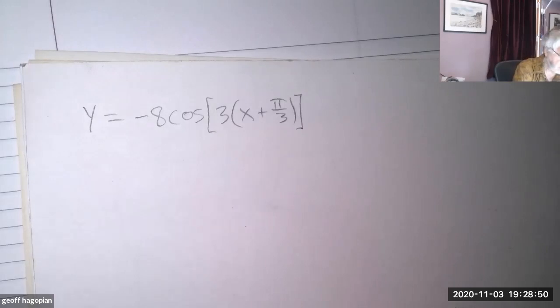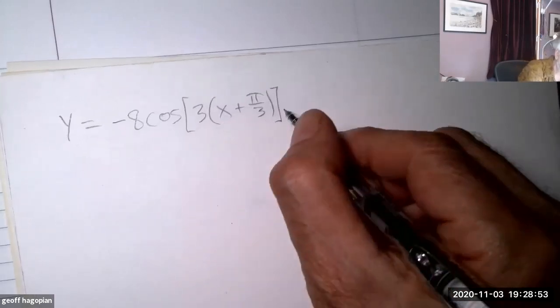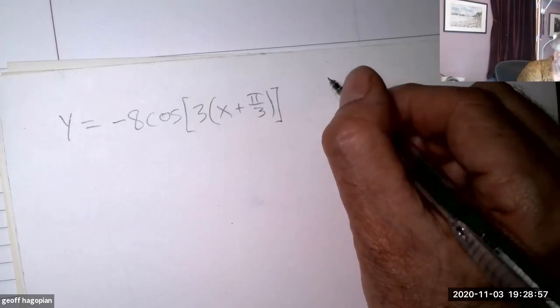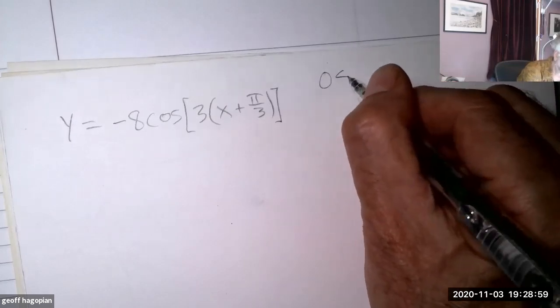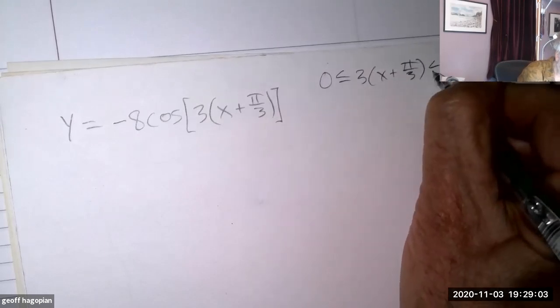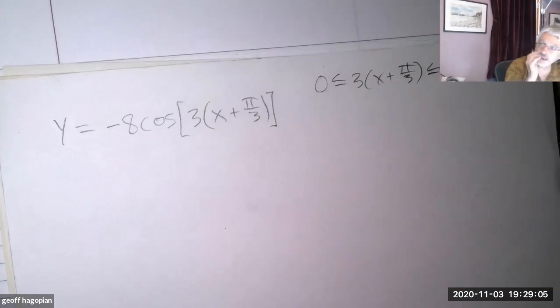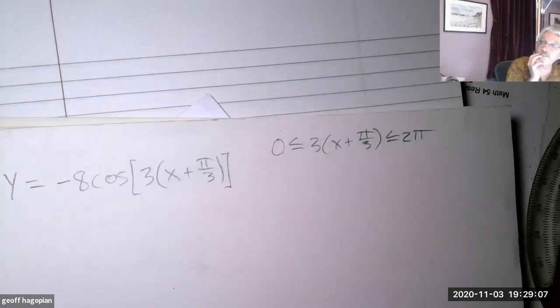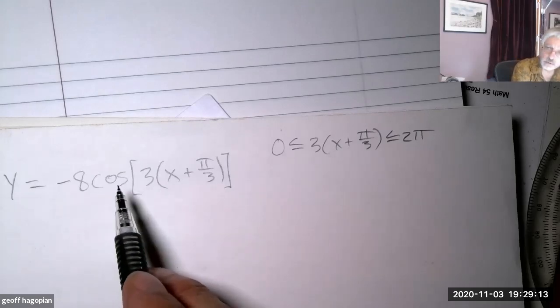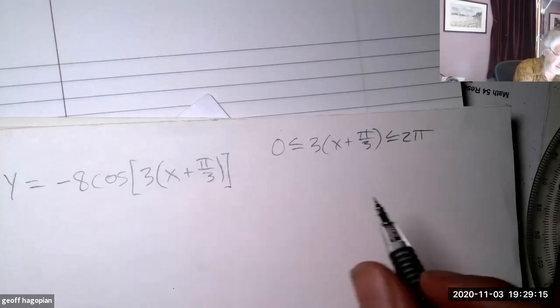All right, and so we want the input to range between 0 and 2 pi. So we can say, here's the input, 3 times x plus pi over 3. That should go between 0 and 2 pi for one complete wavelength, right? That's the input to this sinusoid cosine. This is a 3 here.